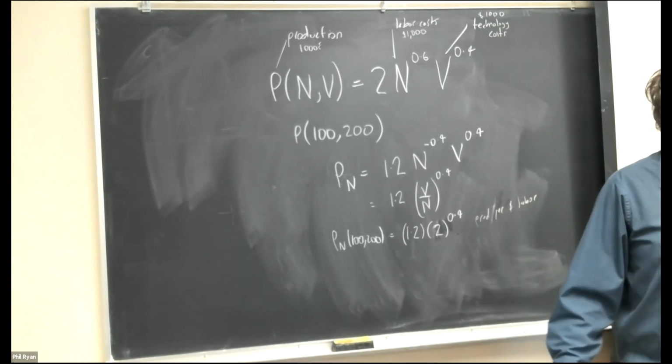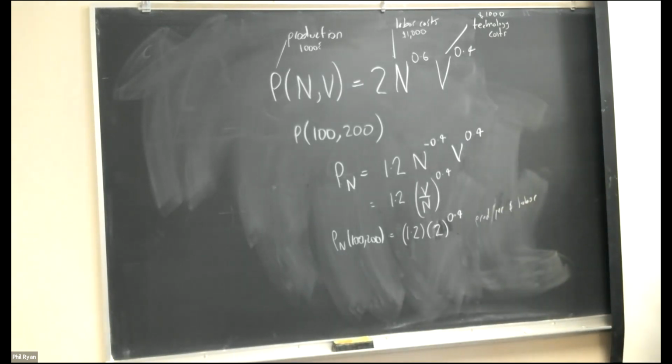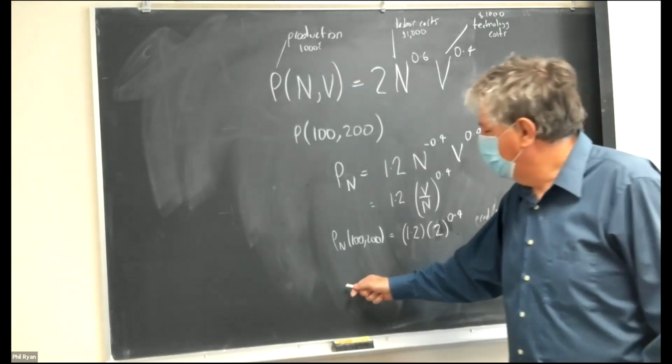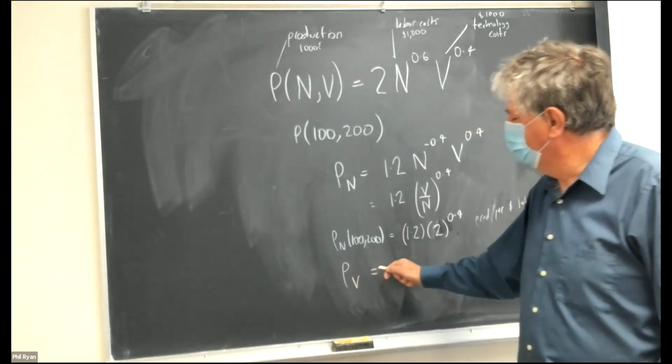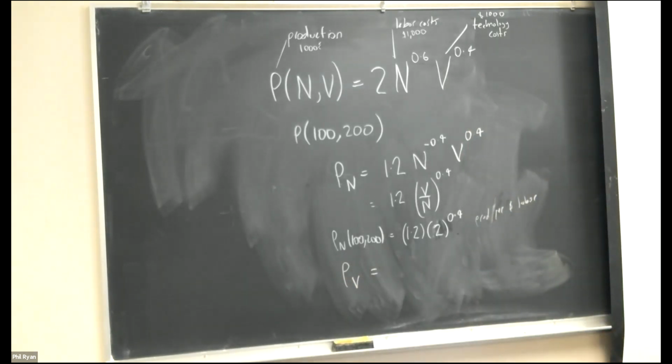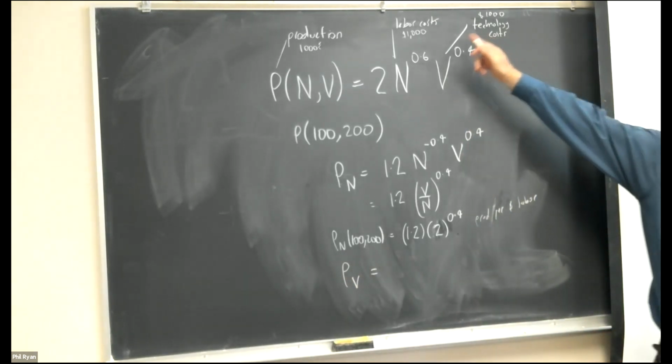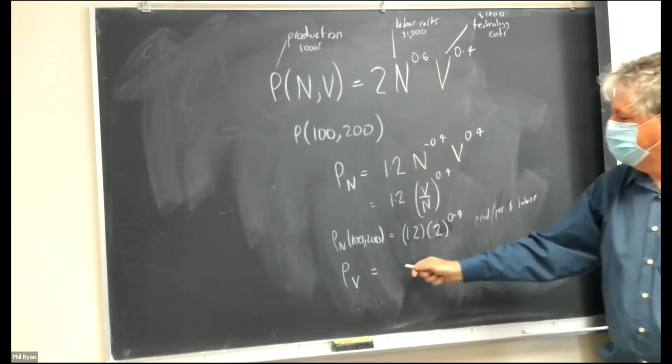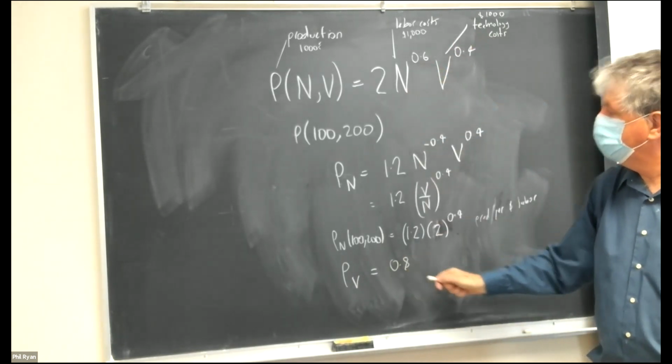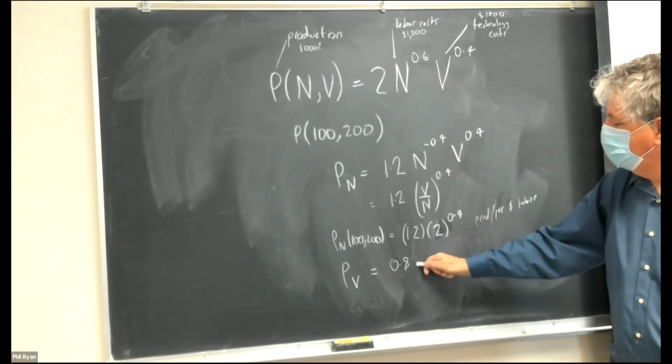We can do the same thing. We can think, well, am I going to spend this money on labor, or am I going to spend it on getting a new machine? Well, we take the partial derivative with respect to v. Again, down comes the power. So we get 0.8. n is fixed.